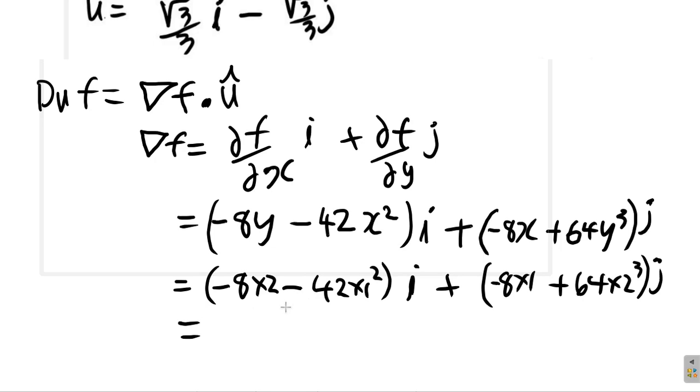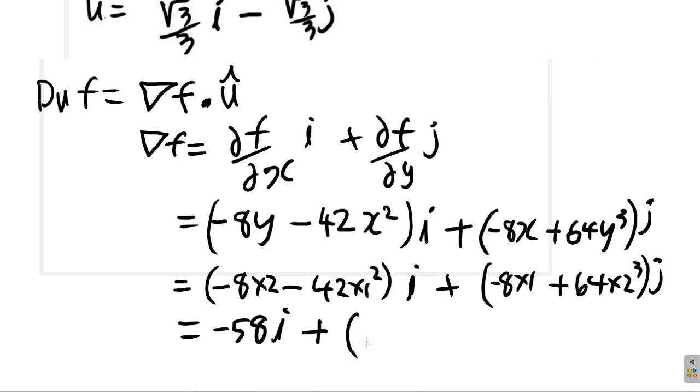Alright, so that's negative 16 minus 12 times 1 squared, which is 12. So if you say 16 plus 12, it's going to be 28. So it's negative 28i. Plus, what's going to happen in this bracket now?